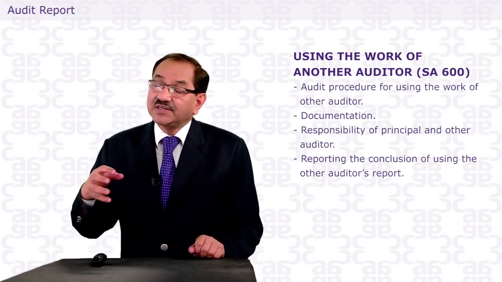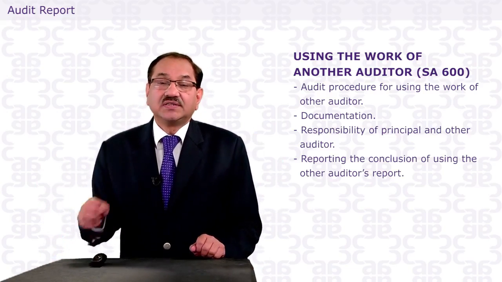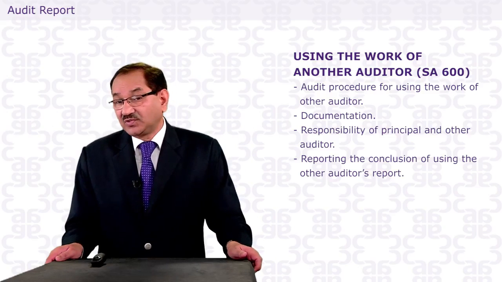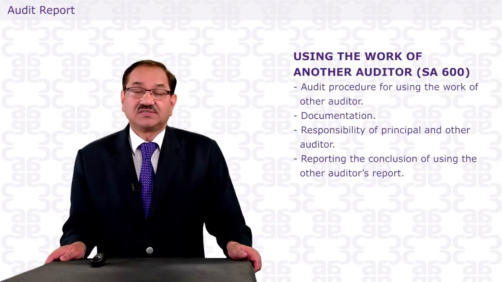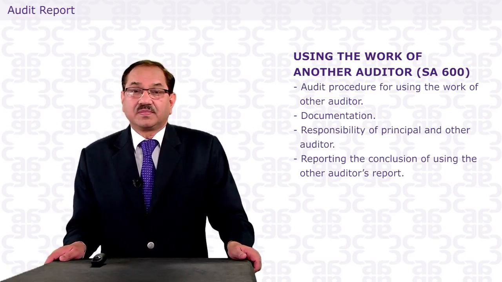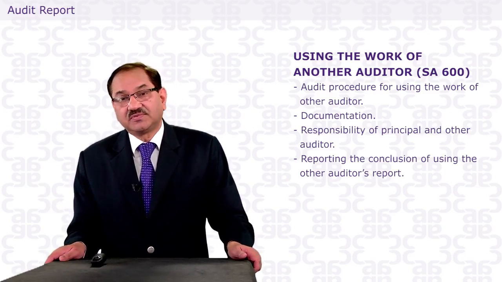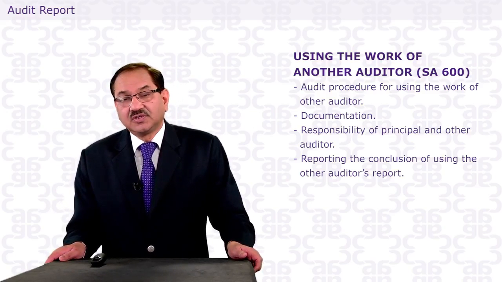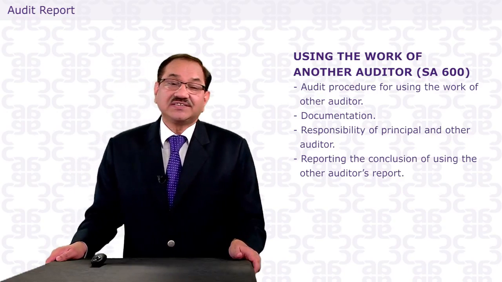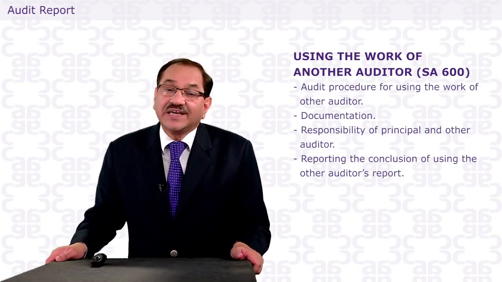And if certain mistakes or misstatements are found which relate to that particular branch, the branch auditor is responsible for it. So that's the auditing standard SA 600.